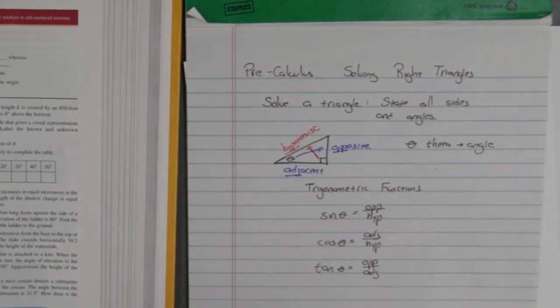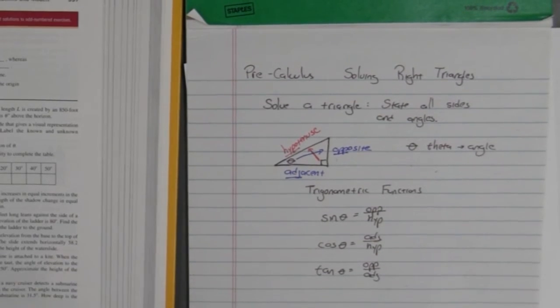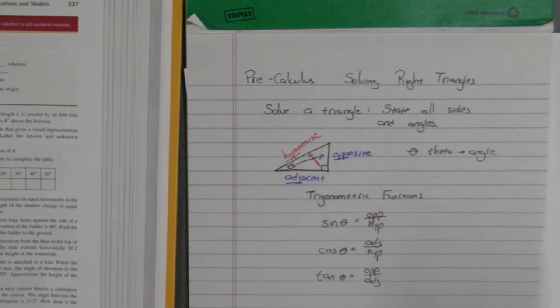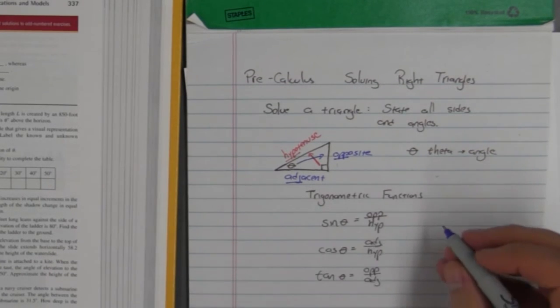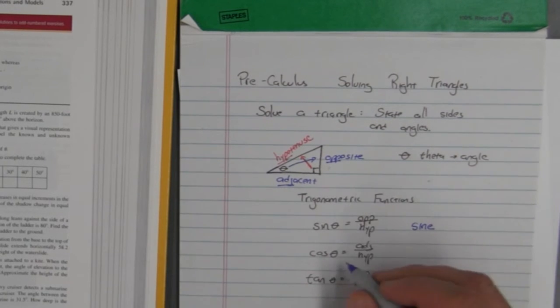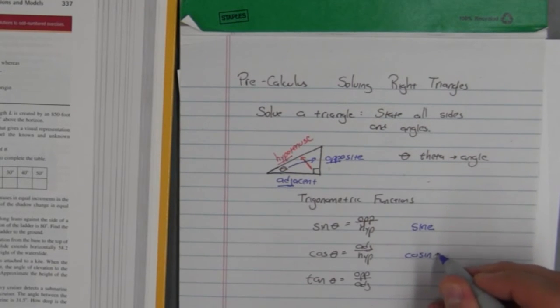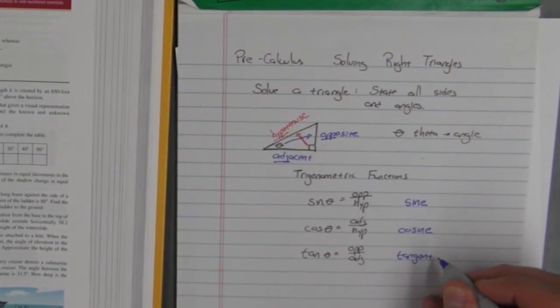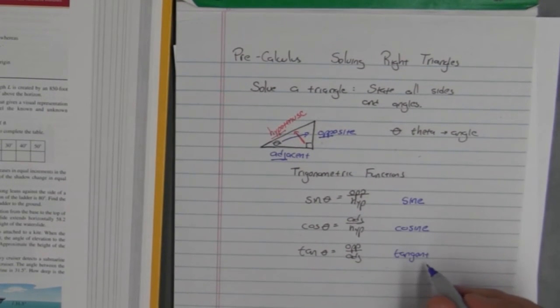These three functions are also abbreviations. We write SIN, it looks like it says sin, but it's pronounced sine, and the reason is this is actually an abbreviation. This is called sine, this is cosine, and this one is tangent. We don't often write out these full words.